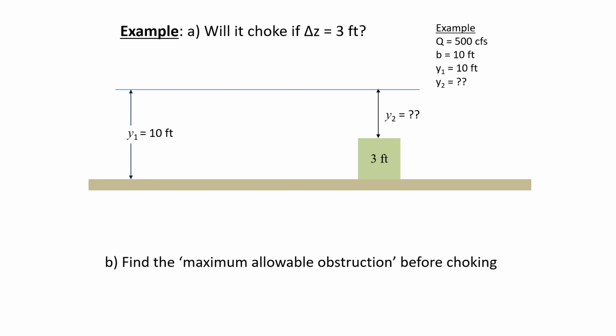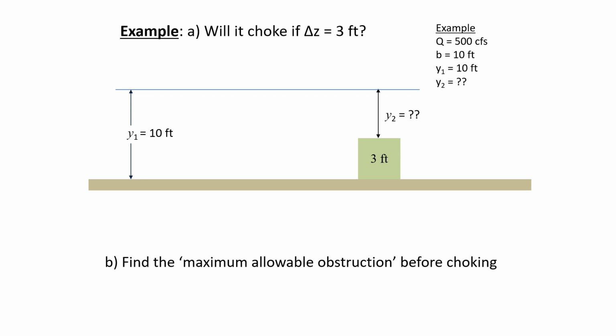So for part A, we're going to see how much energy is available at 1 and compare that to how much energy is needed at 2 to get over the obstruction. Let me put some of these previous things that we've determined on the whiteboard. We had calculated Y sub C in that prior example.